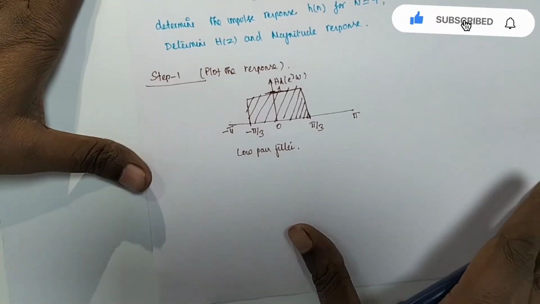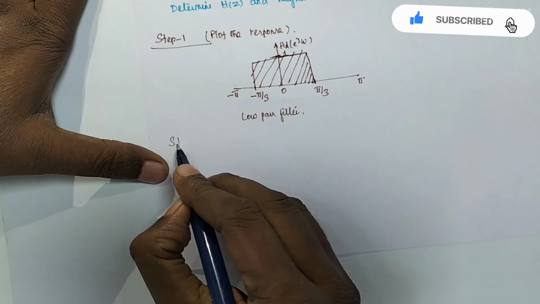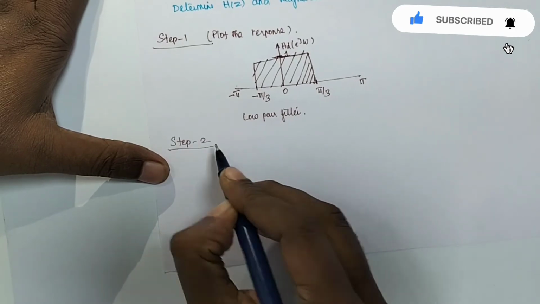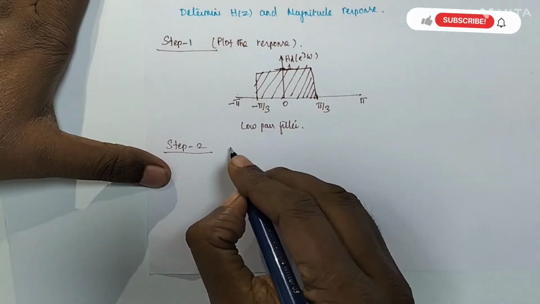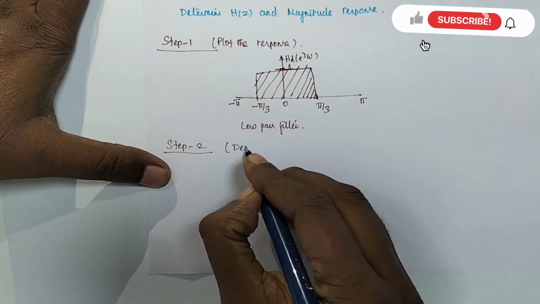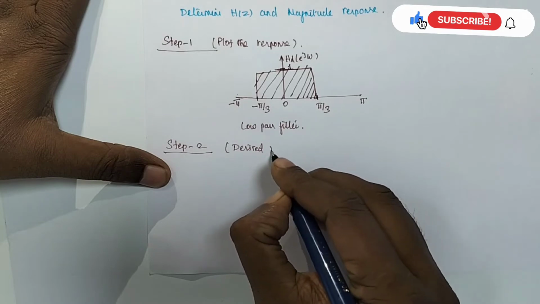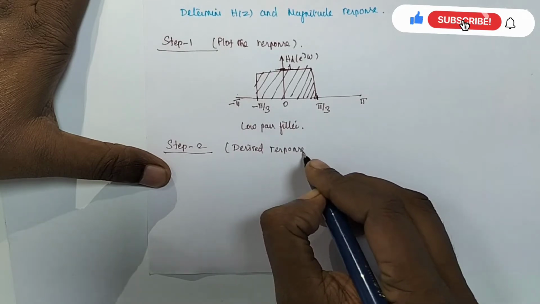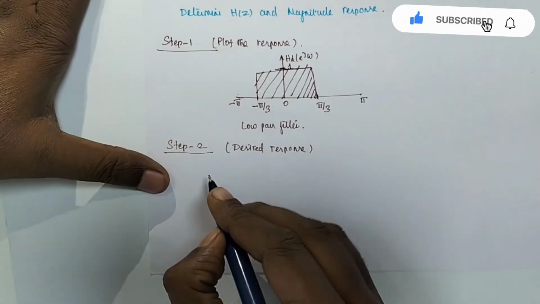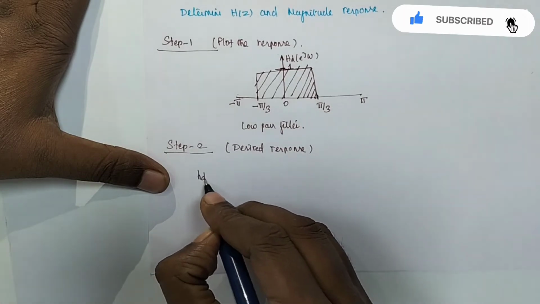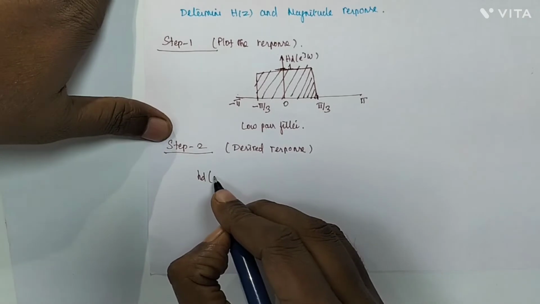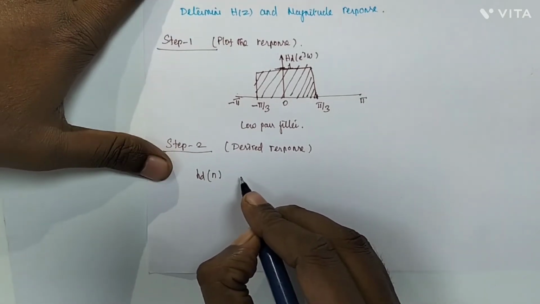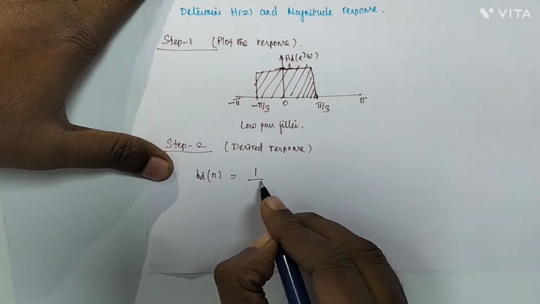Step 2. So what is step 2? You have to find the desired response. So how to find the desired response? We have the relation to find it, that is hd of n is equal to 1 by 2 pi.